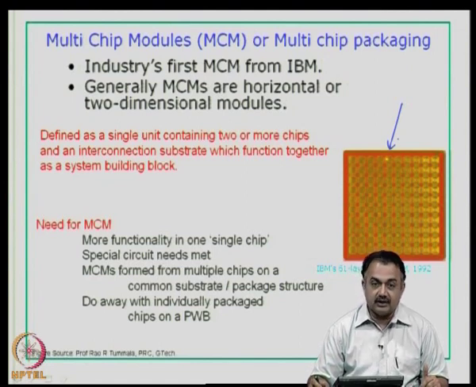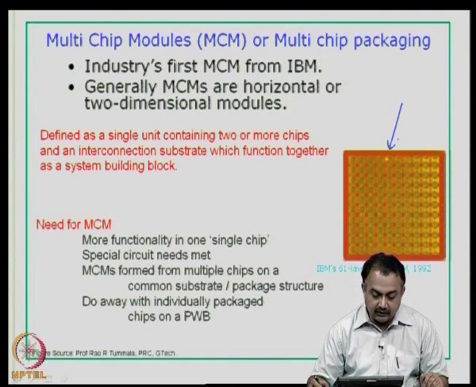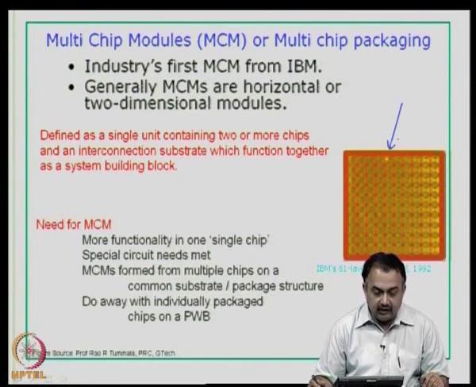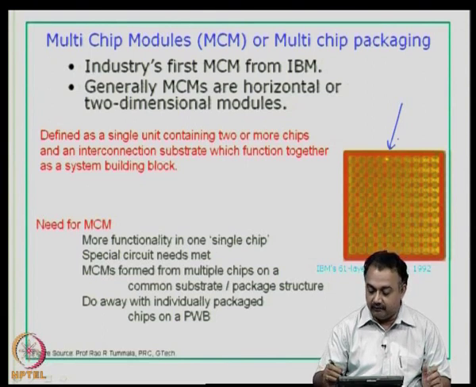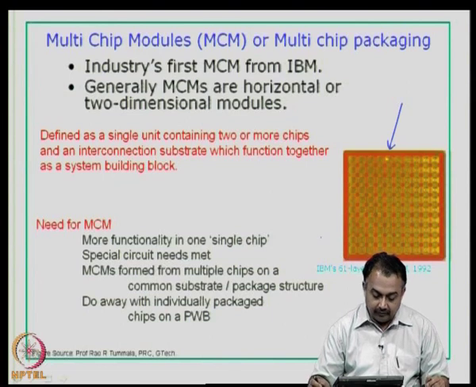And you can imagine 61 layers built, and on the top layer you can see a host of ICs, number of ICs stuck together and interconnected. So, it is a 2-dimensional module. So, what is the need for an MCM? You build more functionality in one single chip, if you can call it, or a single block.